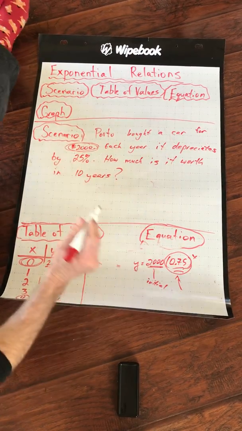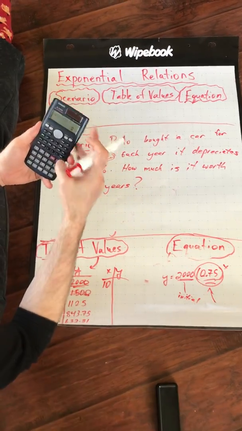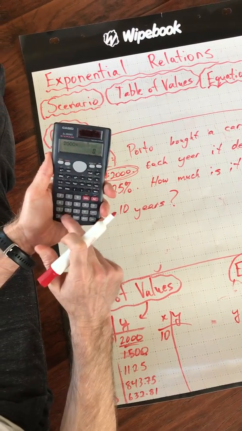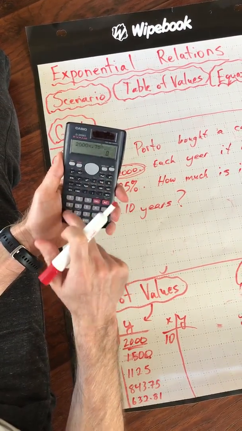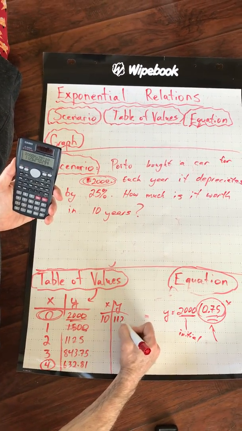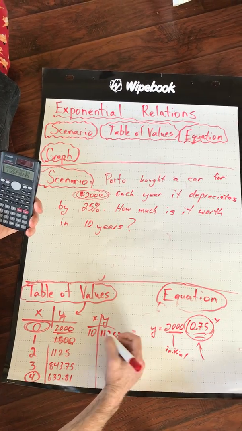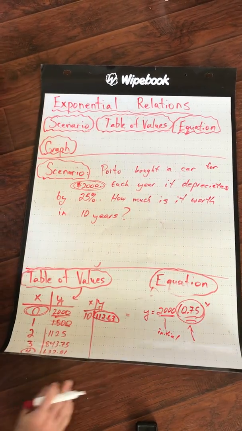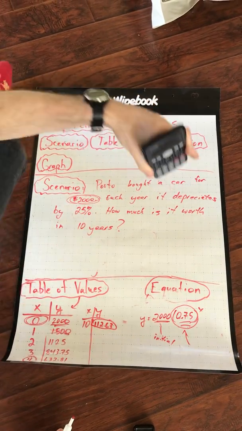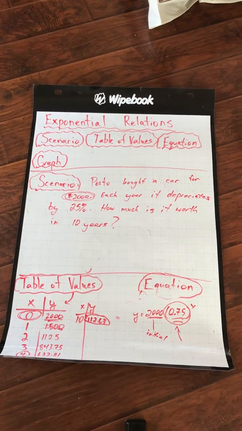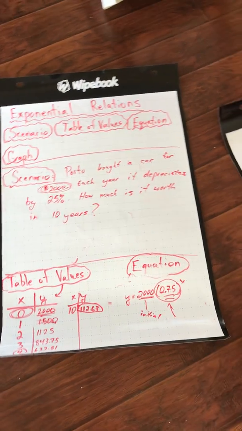I have my equation already. So let's say 2,000 times 0.75 to the power of 10, and my car is worth $112.63. There you go, $112.63. That means if I need a brake job, I'll probably just throw the car in the dump instead. Okay, graph it, and then we are good to go.